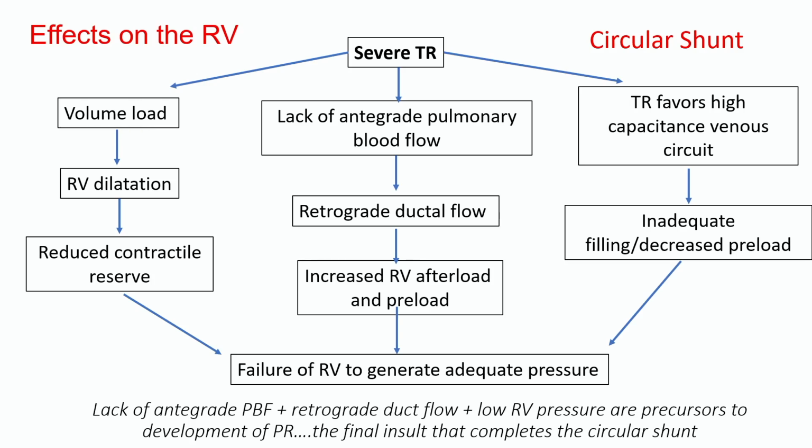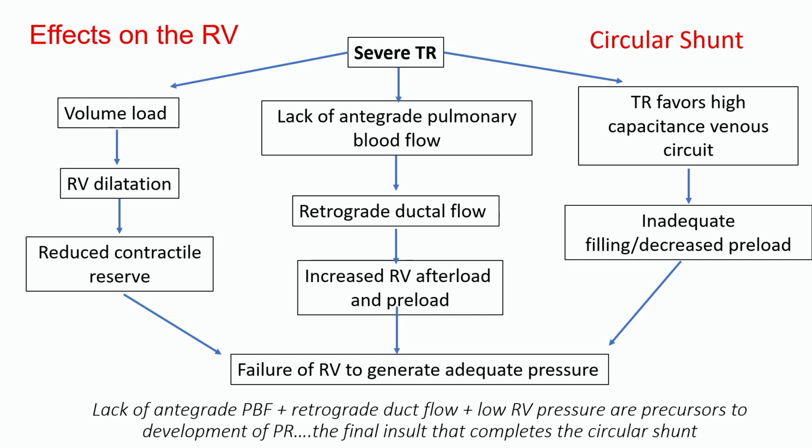The tricuspid regurgitation is going to favor a capacious venous circuit, right? If you have a leaky valve, when the ventricle pumps, it's going to be much easier for that blood to go backwards into that very dilated right atrium because the pressure is lower than it is in that right ventricle.